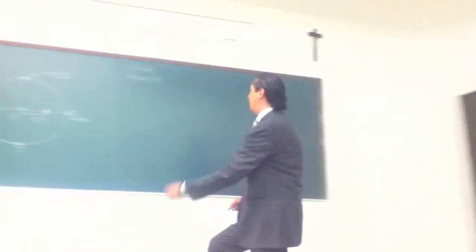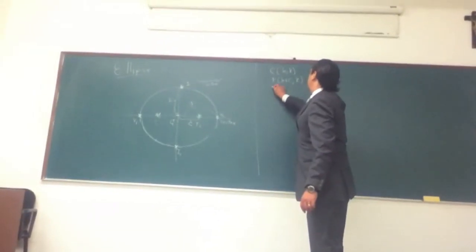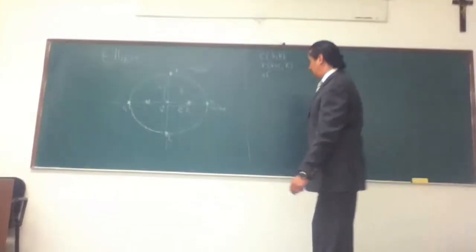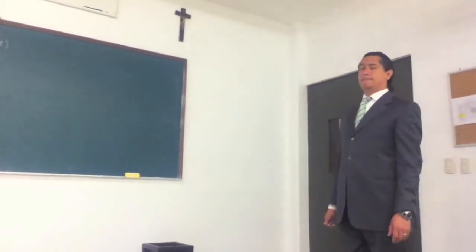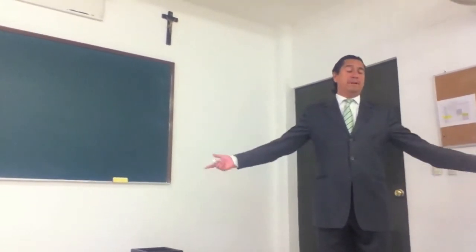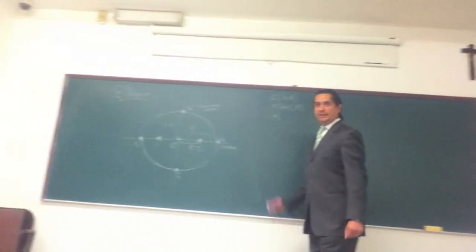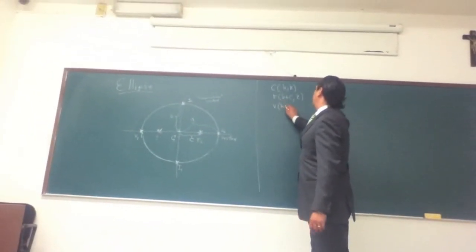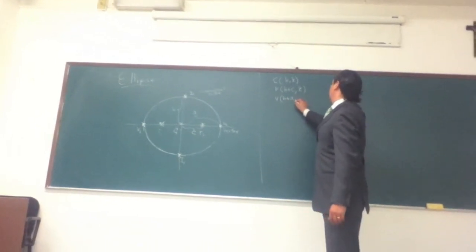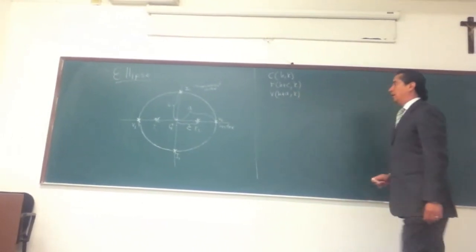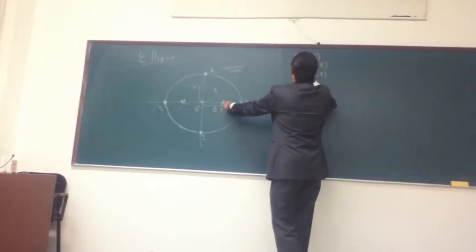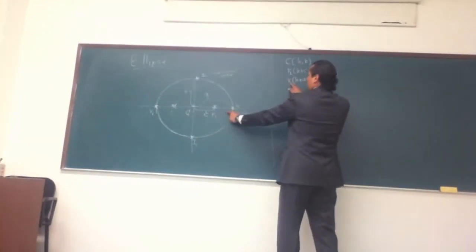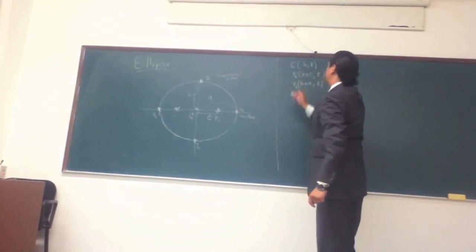Give me now the coordinate of the vertex. H plus a, k. This is the coordinate for focus 2, and this is the coordinate for vertex 2.